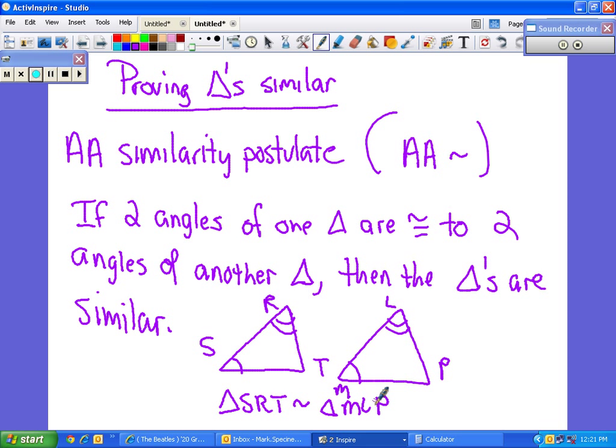So, if two angles on one triangle are congruent to two angles on a second triangle, then the triangles are similar.